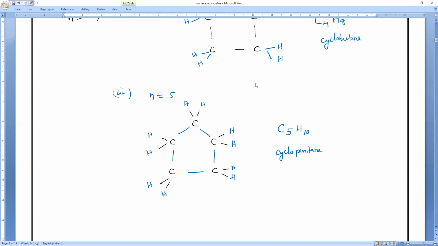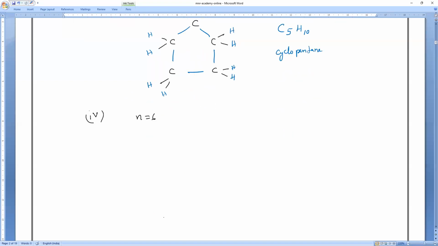Next, n is equal to 6. Up to here it is very important. So n is equal to 6 means what ring will form? Everybody. Yes, a hexagon will form. You understand, Mr. Harisaras? Now also you can tell how many bonds each carbon is satisfying.